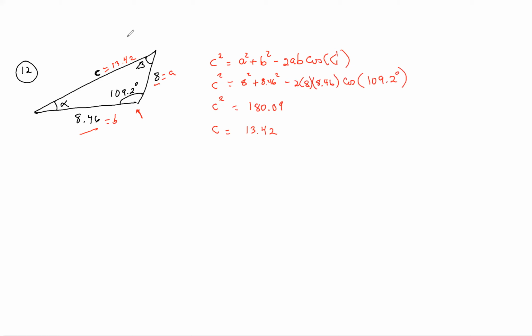I say sine of alpha over the opposite, which is 8, equals sine of 109.2 over the opposite, 13.42. Apply the proportion.